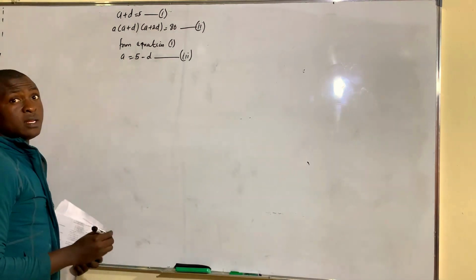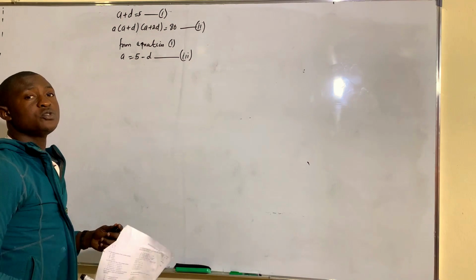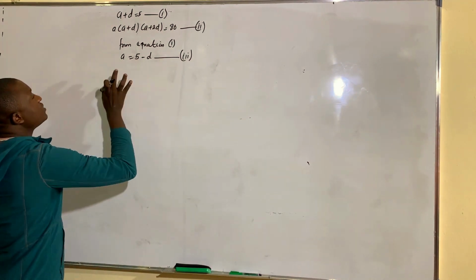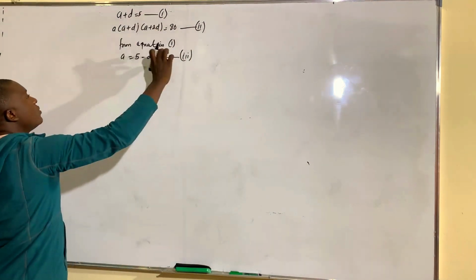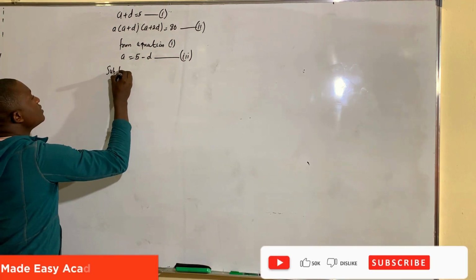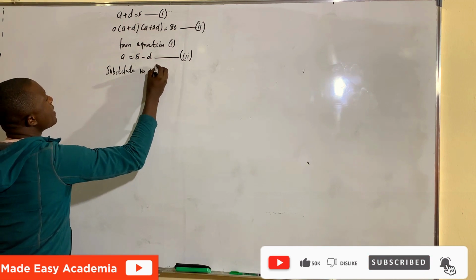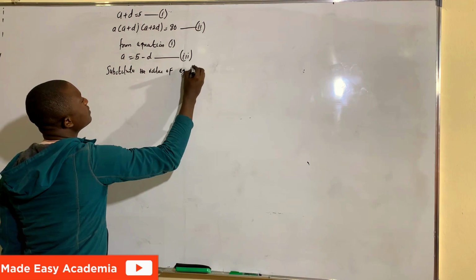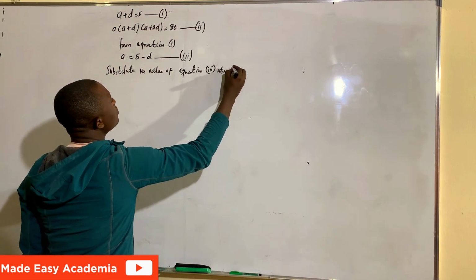We are not applying elimination, because you can see it involves the product. So the one we can apply here is the substitution method. This is our equation 3, which we made from equation 1. So I will substitute equation 3 into equation 2.